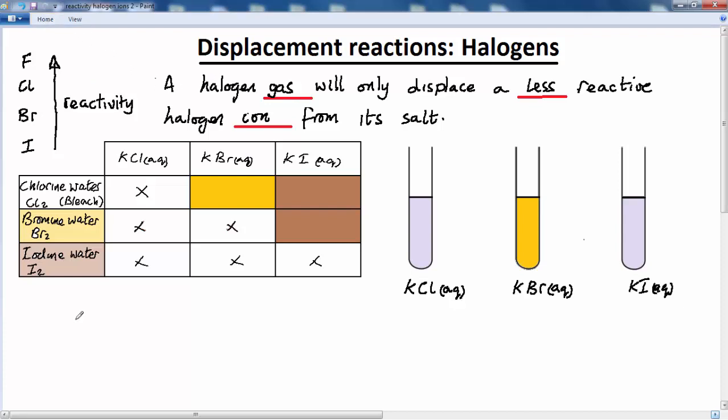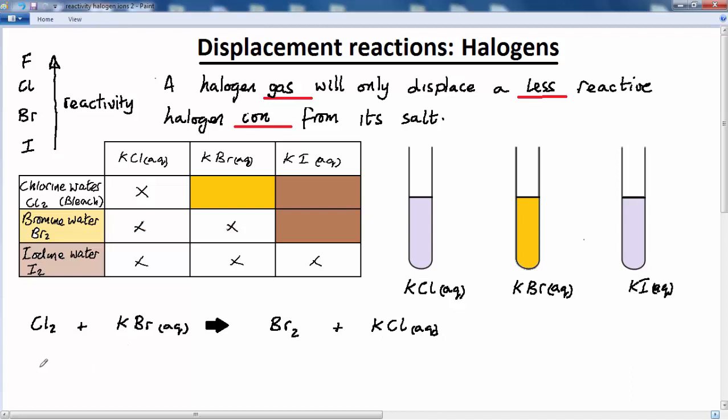We have chlorine plus potassium bromide produces bromine, and that's what changes the colour of the solution, plus potassium chloride. So the chlorine kicks the bromine out of this solution and joins on with the potassium to form the potassium chloride aqueous solution.